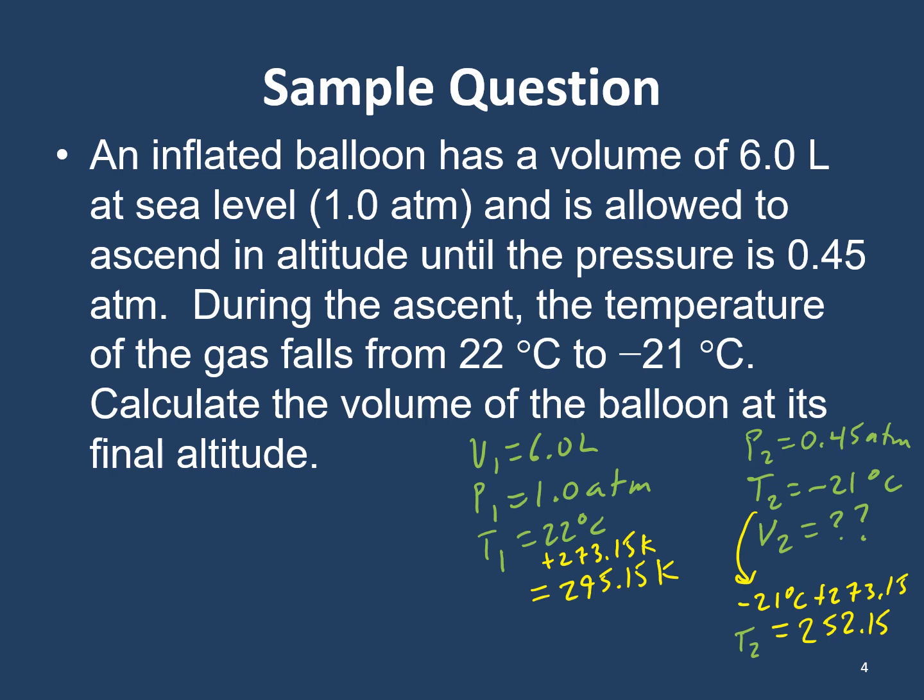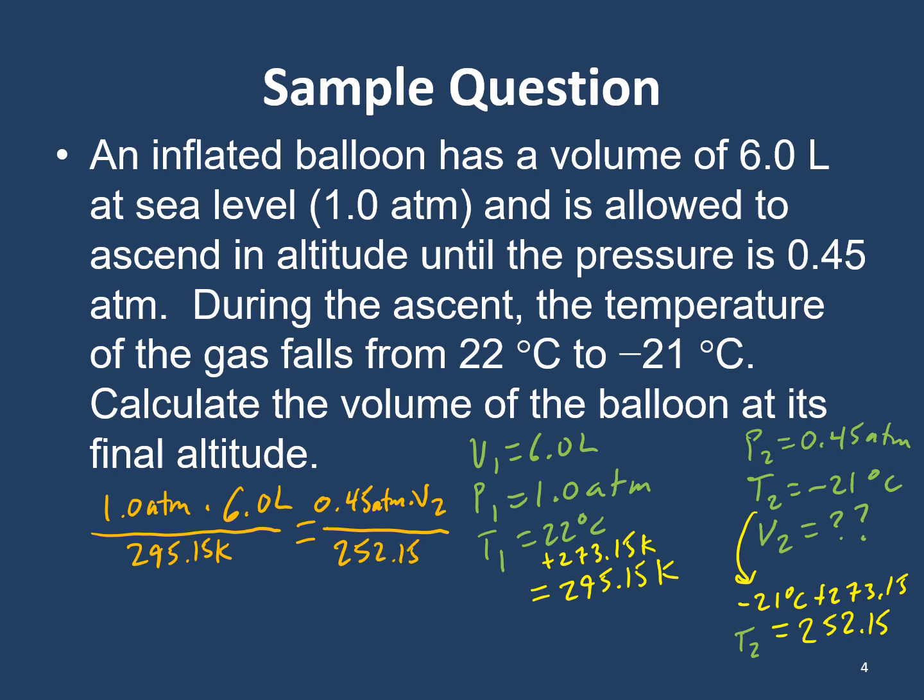All right, so now we can plug this all into our equation. We have our P1, 1.0 atm, times our V1, 6.0 liters, divided by our temperature in Kelvin, 295.15 Kelvin. P1 V1 over T1, that's the first side, is equal to P2 times V2, which is what we're solving for, over 252.15 Kelvin.